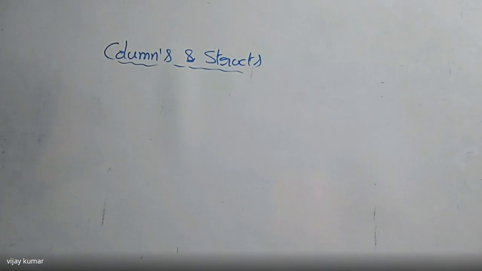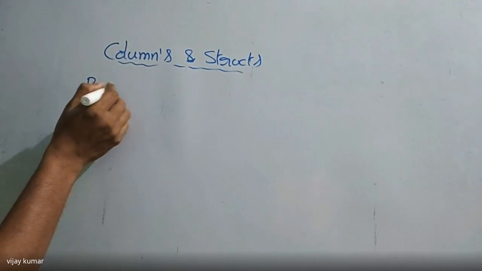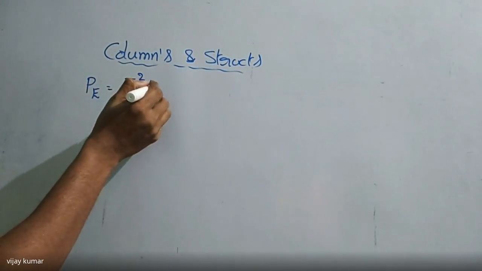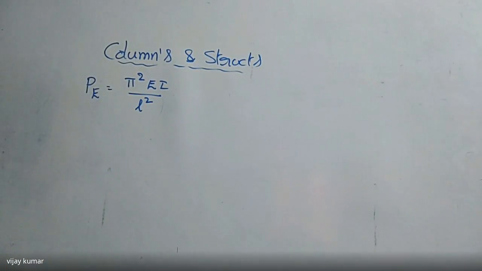By using Euler's theory of column, we can find the critical load on a column by using the formula P_E is equal to pi square into E into I divided by L square. So this is the formula for critical load on a column when both ends are hinged. Why?